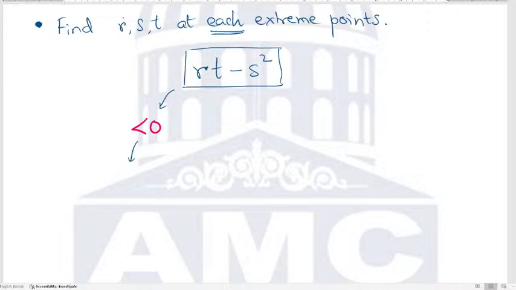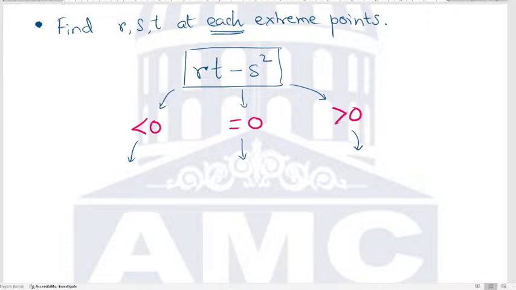If this value is equal to 0, we will say something about the extreme point at which the value is equal to 0. And if this value is greater than 0, then we will have a few more analyses to do in order to identify what kind of extreme point we are dealing with.